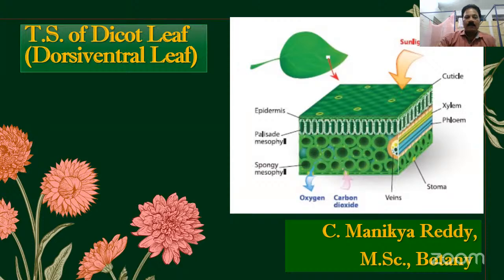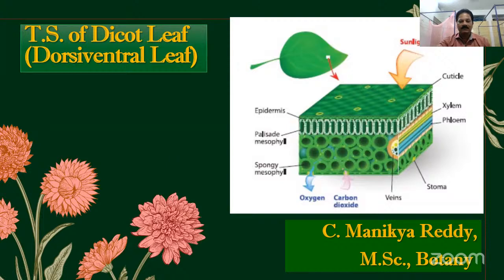The dicot leaf is also known as dorsiventral leaf, since the upper surface and lower surface of the dicot leaf externally show differences. They differ externally and internally also.